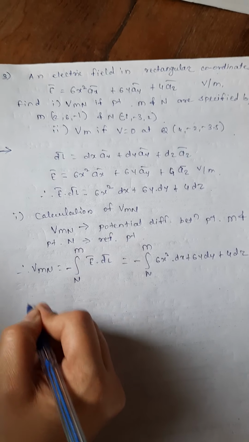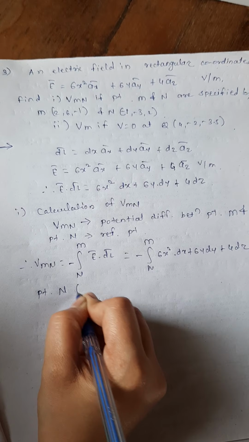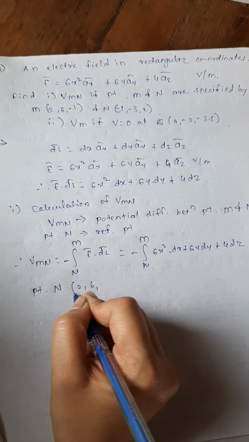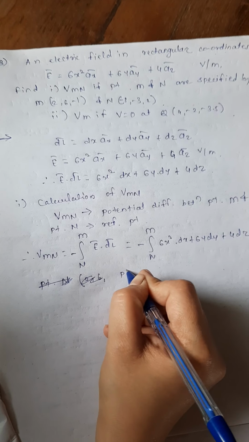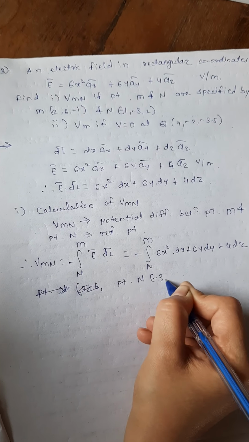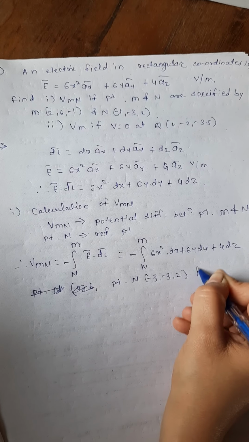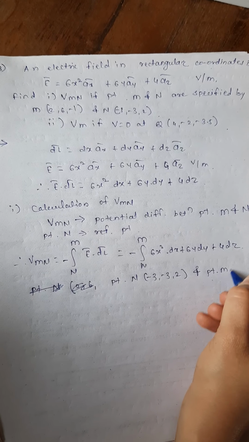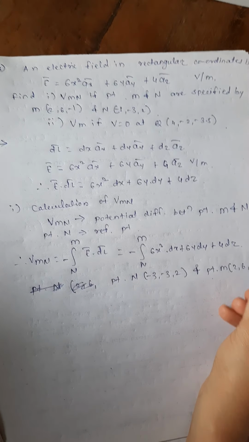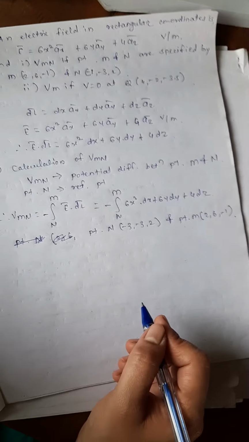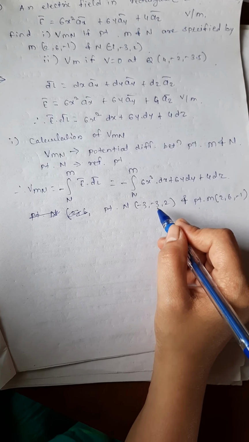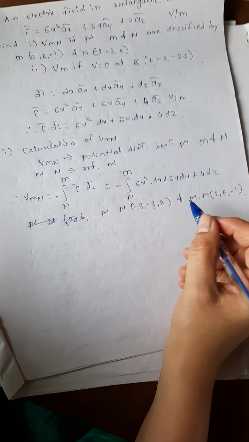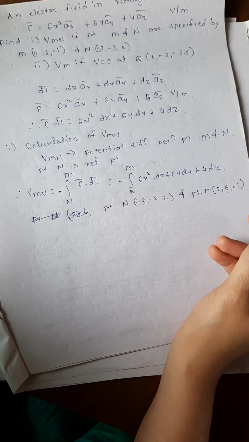Now point N is (−3, −3, 2), and point M is (2, 6, −1). So the variation of x is −3 to 2, variation of y is −3 to 6, and variation of z is 2 to −1.